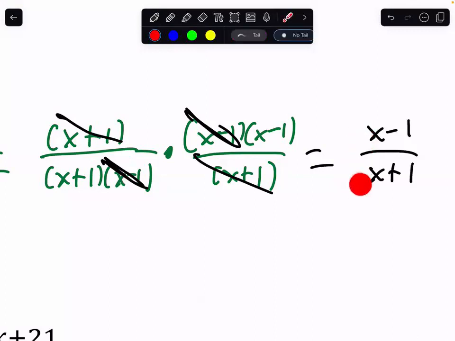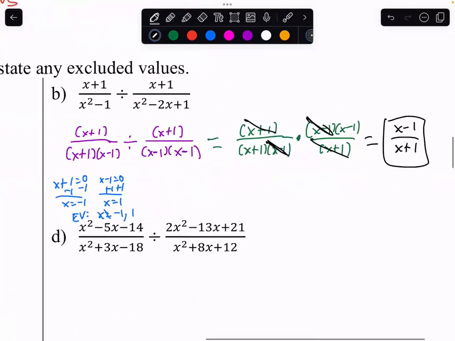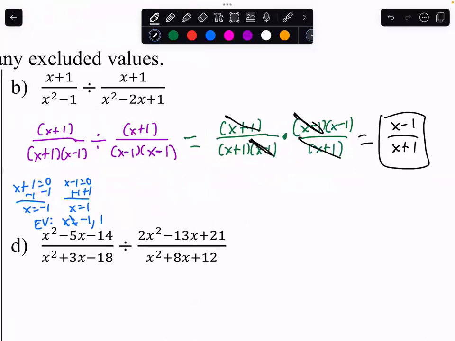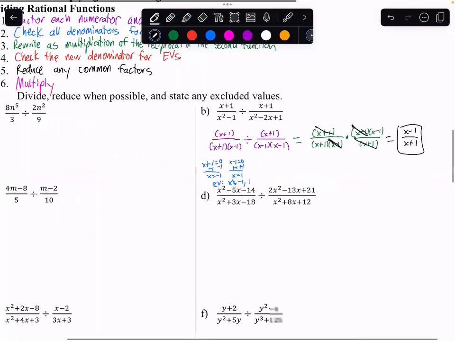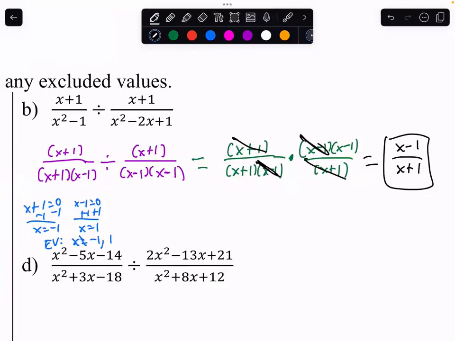Even though these both have x's, you can't reduce because this x doesn't multiply the 1, it gets subtracted by it. Since these are not factors, there's nothing more you can simplify. So this one is now completed.